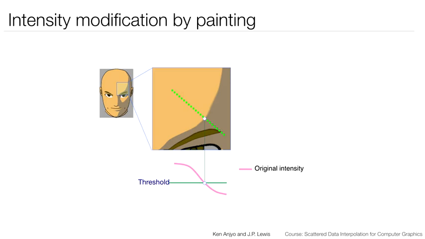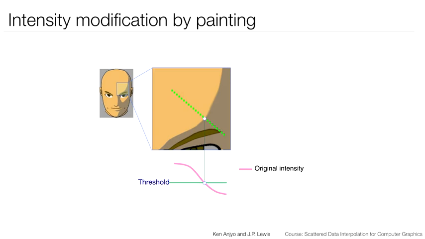First, suppose that this is the initial situation before painting. So we have some threshold. In a one dimensional cross section, we have some intensity distribution as shown in the bottom graph.